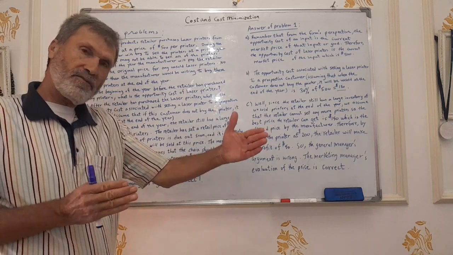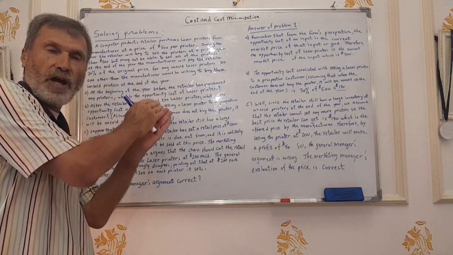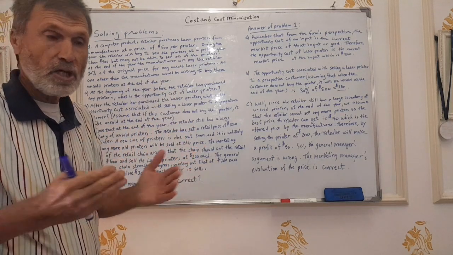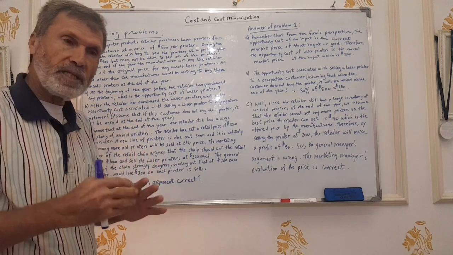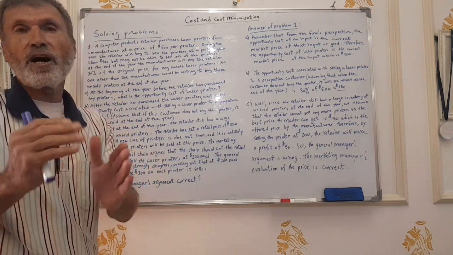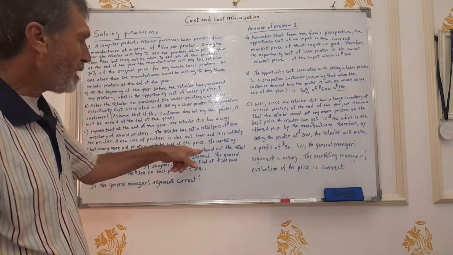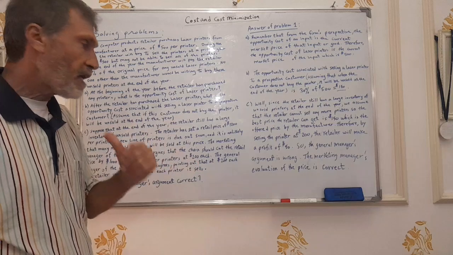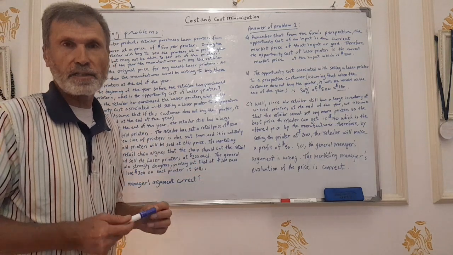The alternative is for these printers to be sold to the manufacturer for 30% of the original price, which is $150. So when the firm sells each printer for $200, it is able to gain a profit of $50. Therefore, the marketing manager's argument is correct, and the general manager's argument is not correct.